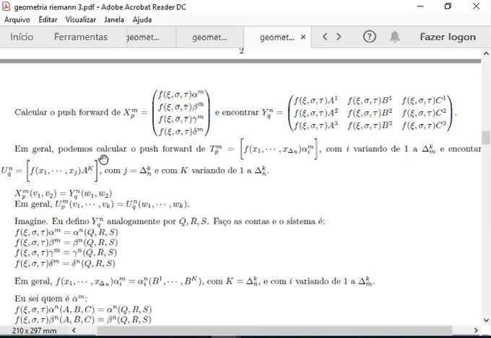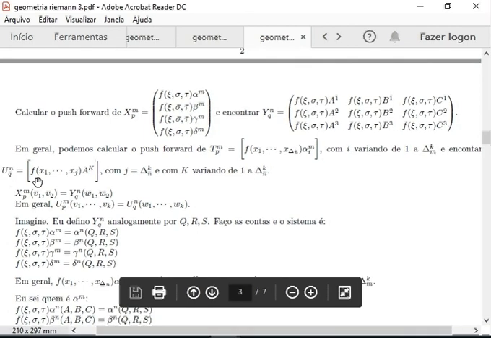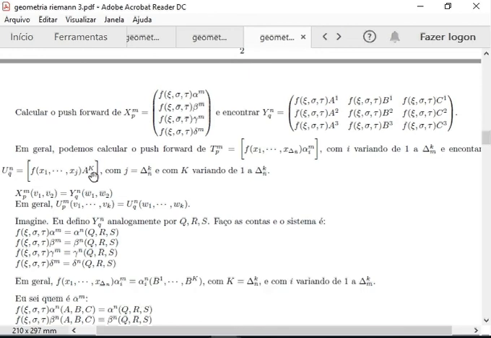Generally, we might calculate the push forward of TPM equals F from x1, ..., x delta n alpha I m, with I varying from 1 to delta m power to k, and find U K N equals F x1 ... xj big A powered to index big K, with j equals delta n powered to k, and with big K varying from 1 to delta n powered to k.